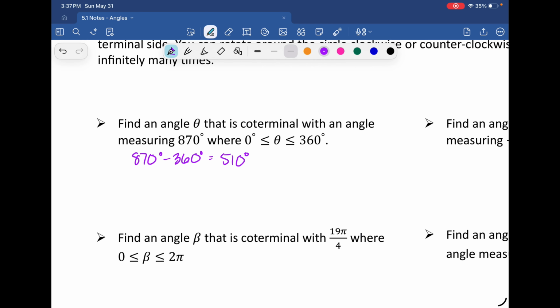That's not between 0 and 360, so we do it again. That's 150 degrees. 150 degrees is between 0 and 360.